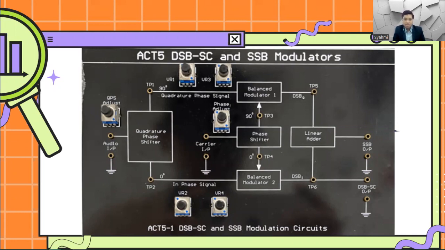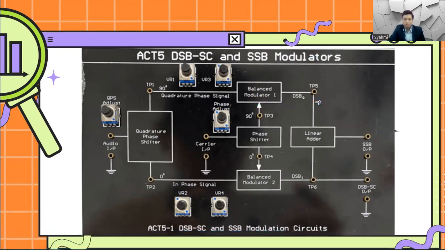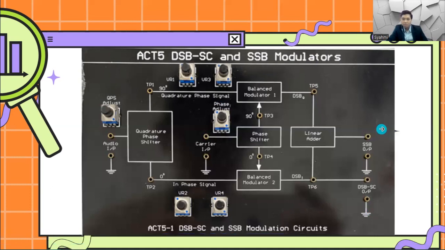As we can see, there are several potentiometers here to adjust the shape and also to lower the attenuation or the interference of the signal. Here at the top is the SSB output and below is the DSB-SC output. So let's see the result that I got from this experiment.